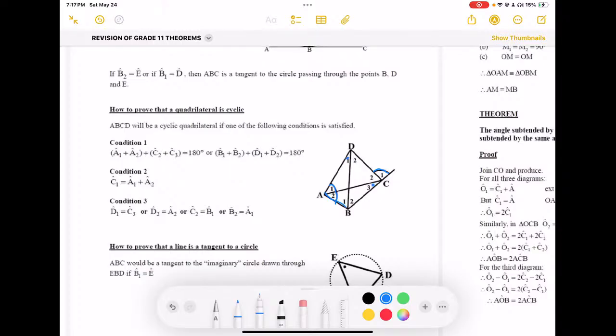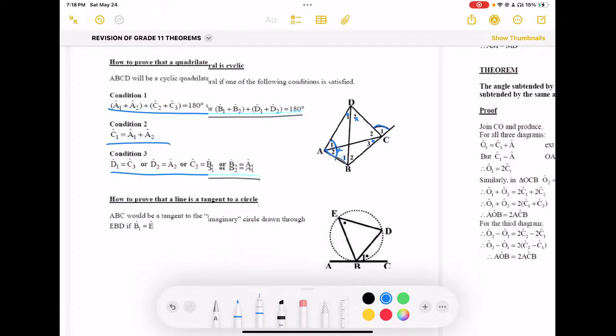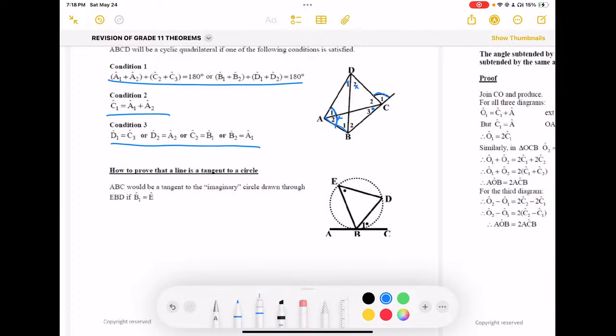Or someone will prove that this one is equal to that one. Then they have proven a cyclic quadrilateral. So here are the conditions. I'll share this document with you guys. They are very, very important. Everyone should understand all these conditions, because they are definitely going to ask you about the cyclic quadrilateral, right?